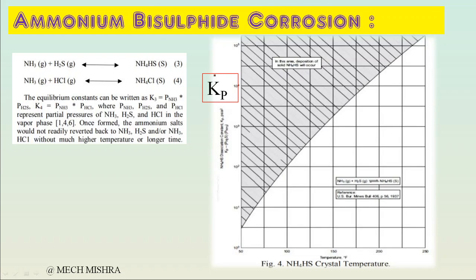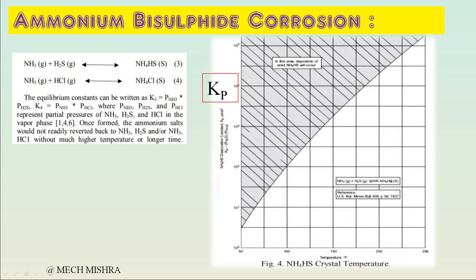So the desublimation temperature, in which area and at which temperature we can avoid this salt formation, can be seen from this graph. This is a reference to US Bureau of Mines Bulletin 406. Ammonia gas plus H2S gas forms NH4HS solid.